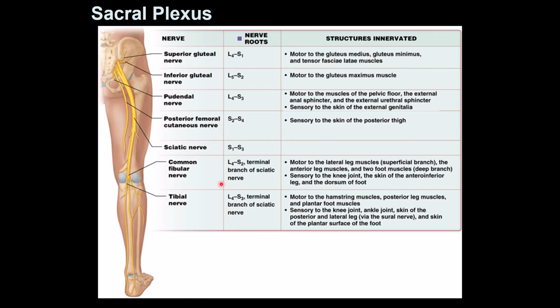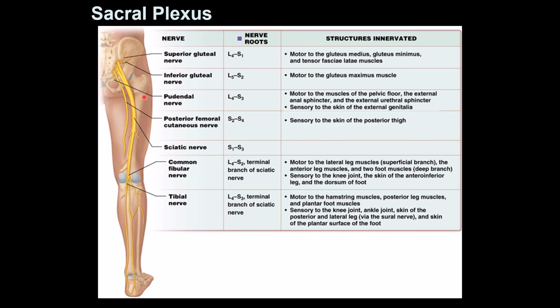The sacral plexus is L4 to S4, and it has a few different nerves. One is the superior gluteal, which supplies all gluteal muscles except the gluteus maximus, which is supplied by the inferior gluteal nerve.